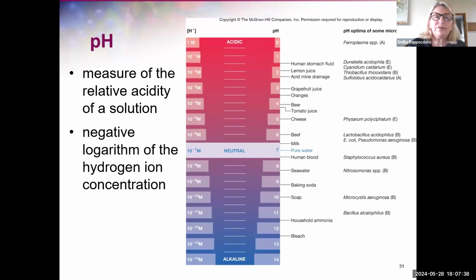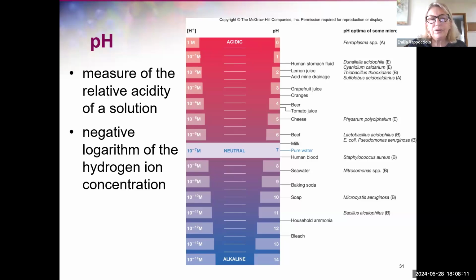Again, you have cells, some cells which are happier at pH near neutrality, others that require lower pH, others that require higher pH. Again, you have tolerating organisms, and you have organisms that need low pH or high pH for their growth. pH measures the relative acidity of a solution.